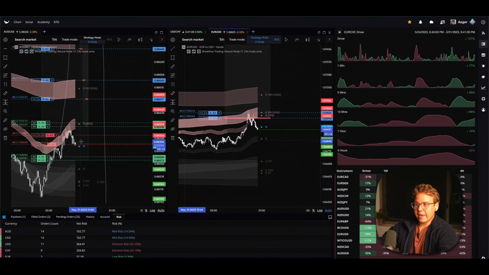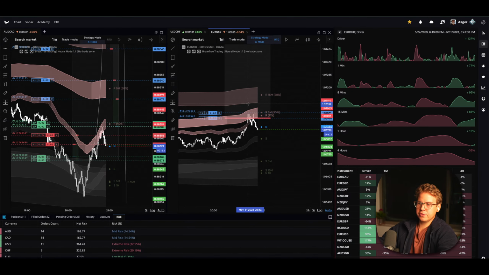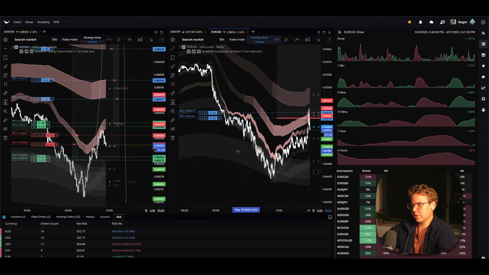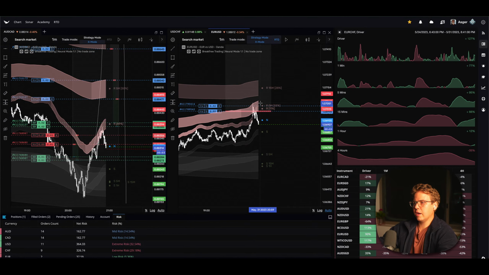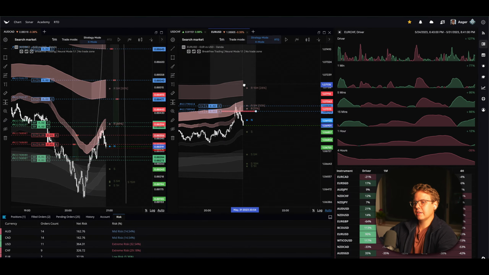that execution really helps, because sometimes you get moves like this. Maybe that's not the best example, but sometimes you get these spikes where you can just get entries easily, and the market will just continue down, right?